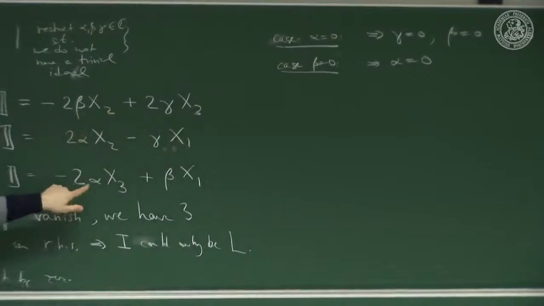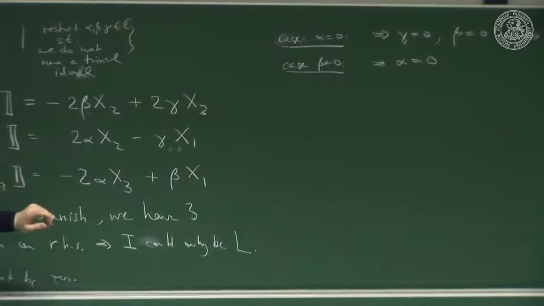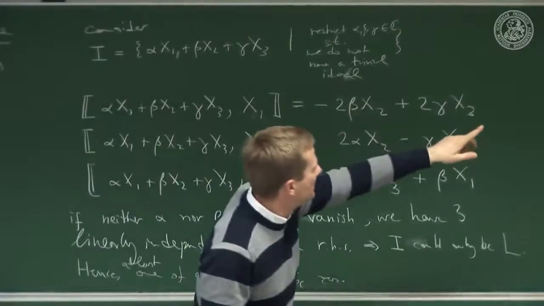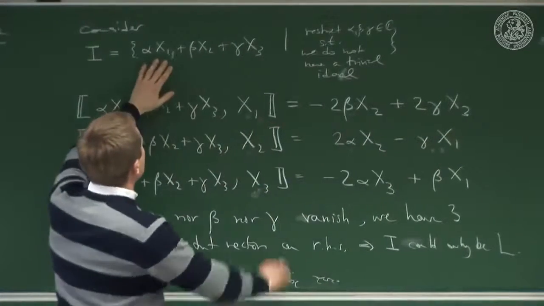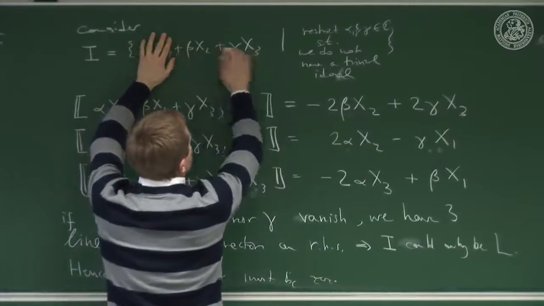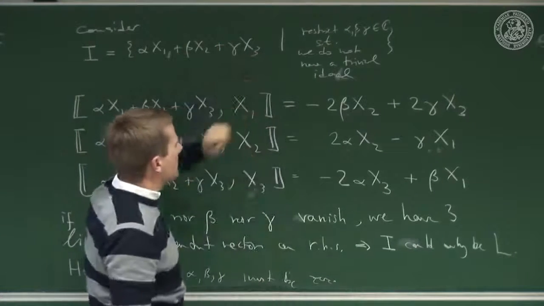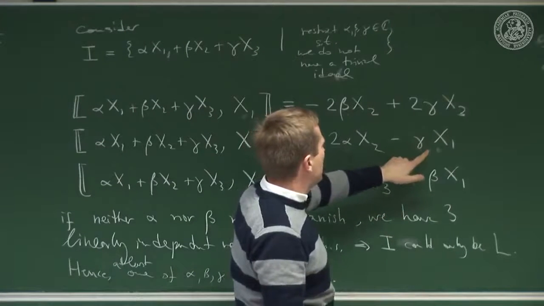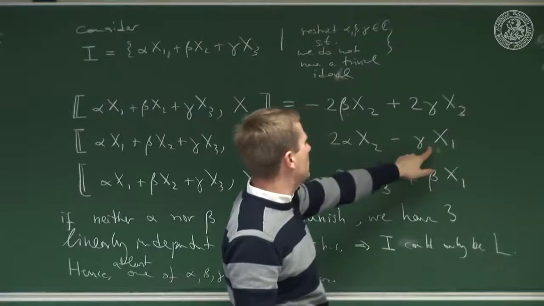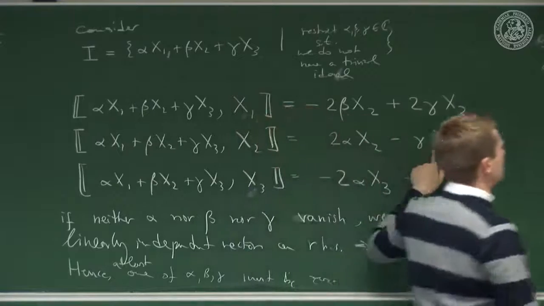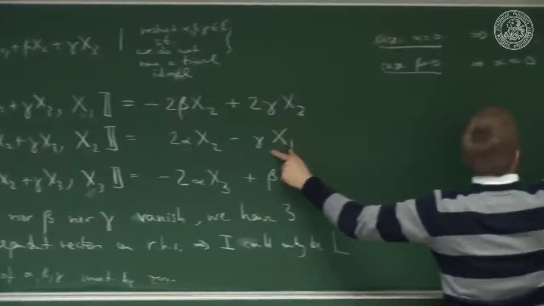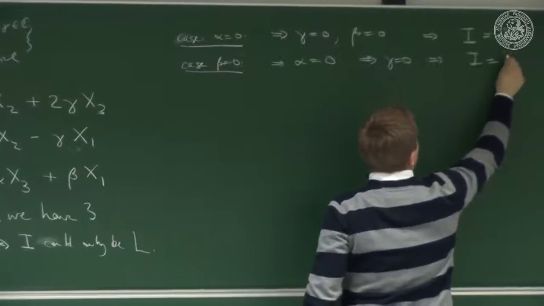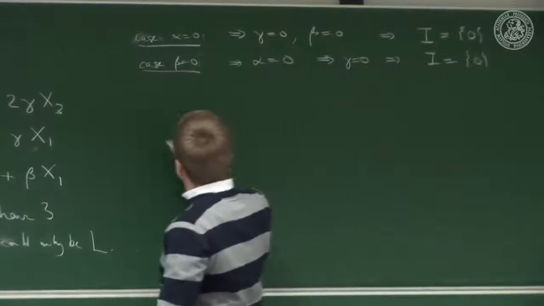And now we cannot immediately read off the other one. We have to take seriously that we have beta equals 0, alpha equals 0. That means the whole result must lie in the x3 direction. But in order to lie in x3, for instance, here this gamma is in the way because that gives you a contribution in the x1 direction. So in the next step, it follows that gamma equals 0.